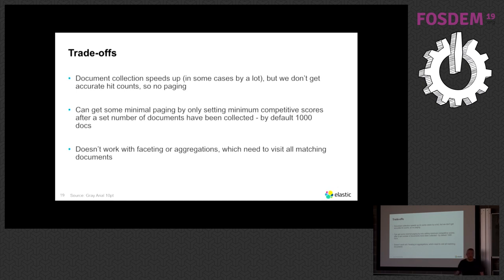But that means you can't page, and lots of people want to do paging. So what we can do is use the old style collection mechanism for the first 1,000 hits, let's say, and then start skipping after that.